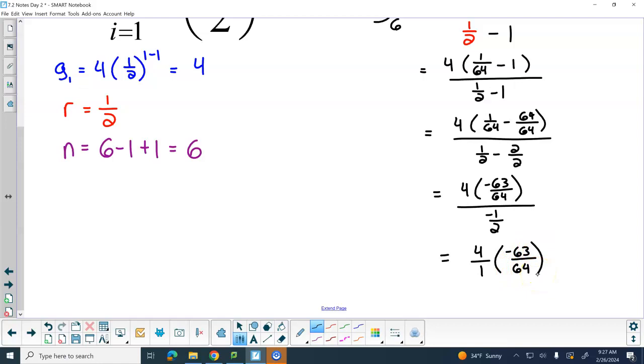Okay. Did I keep it right? Okay. Yeah. Then I change it to multiplication. And I flip it to -2 over 1. Agree with that?